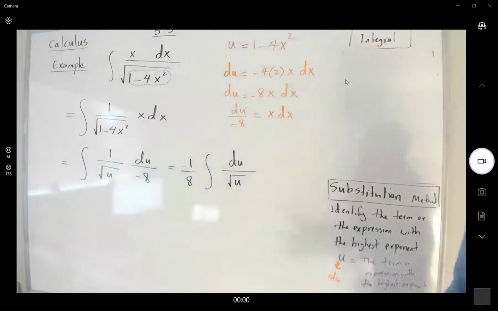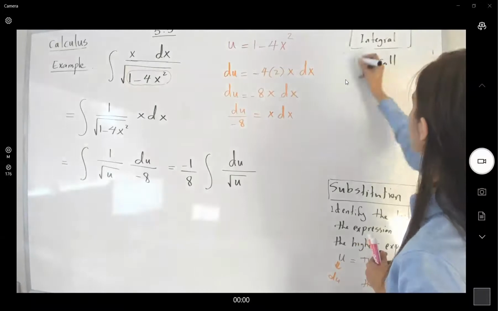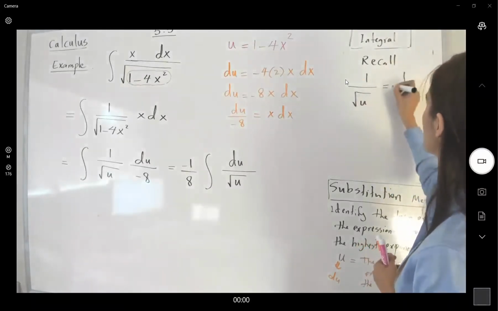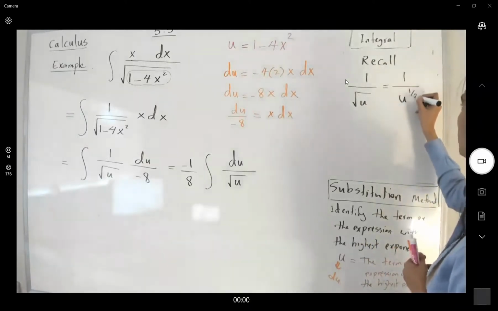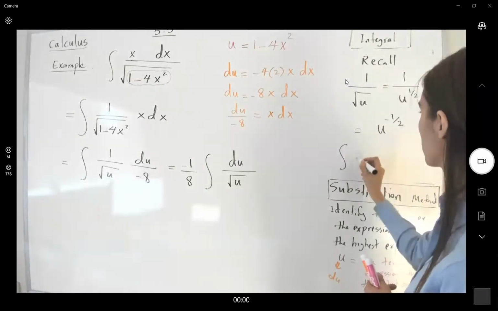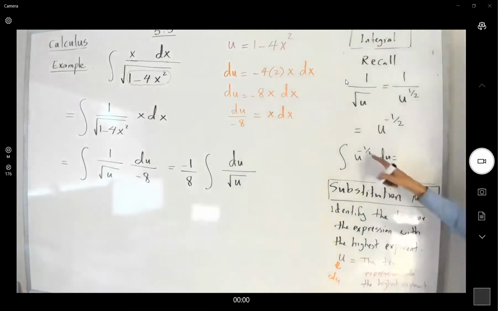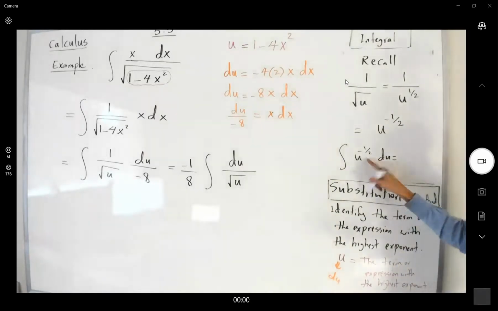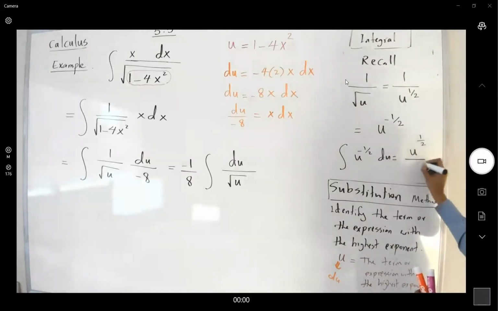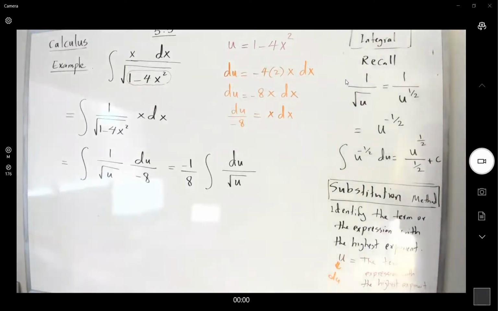But this guy can be written as, recall, 1 divided by square root of u, which is u to the power negative 1/2. The integral of u to the negative 1/2 du is, this is just an exponent, we can add 1. So when you add 1, you get u to the 1/2 divided by 1/2, plus the constant of integration.